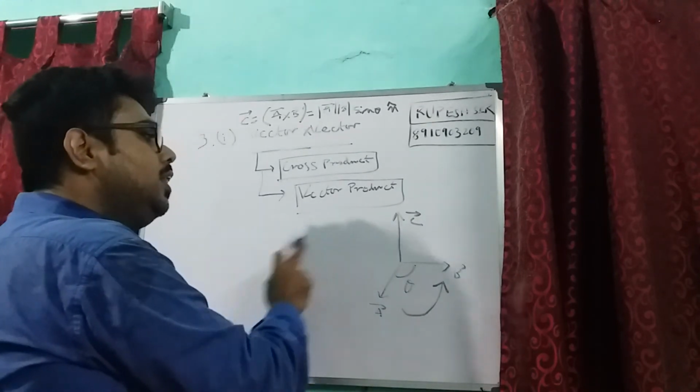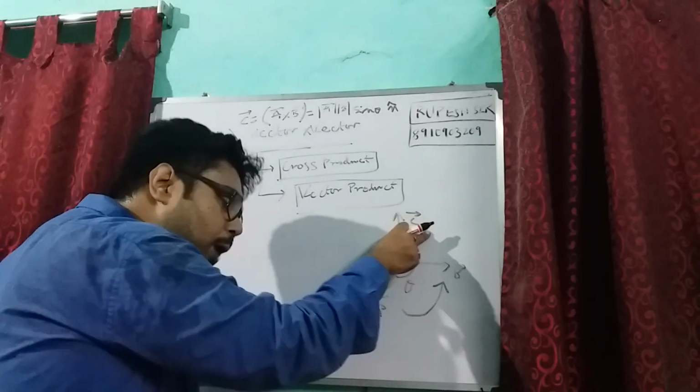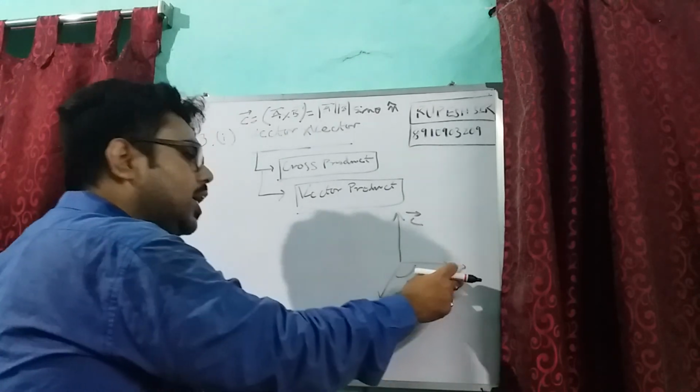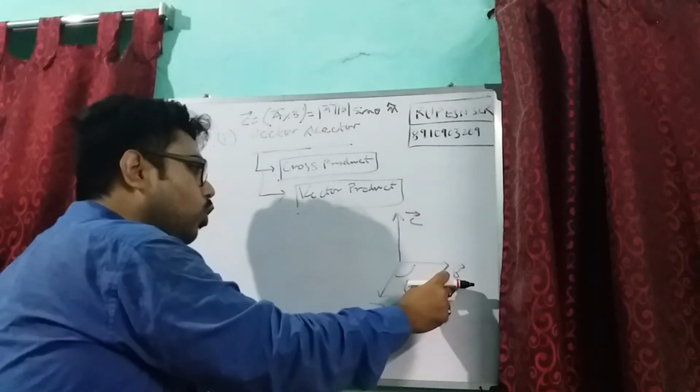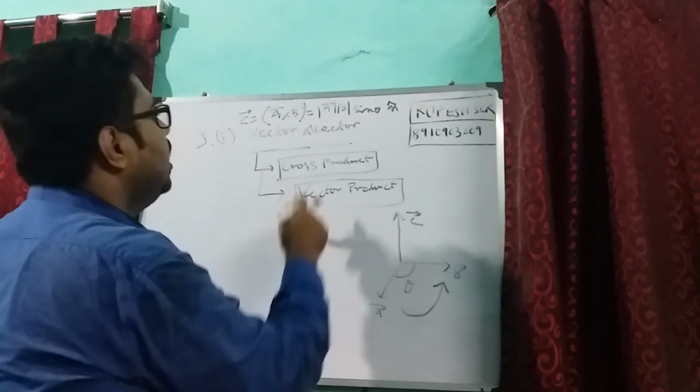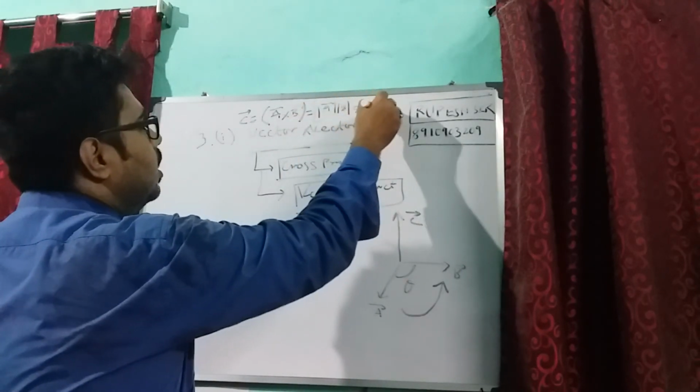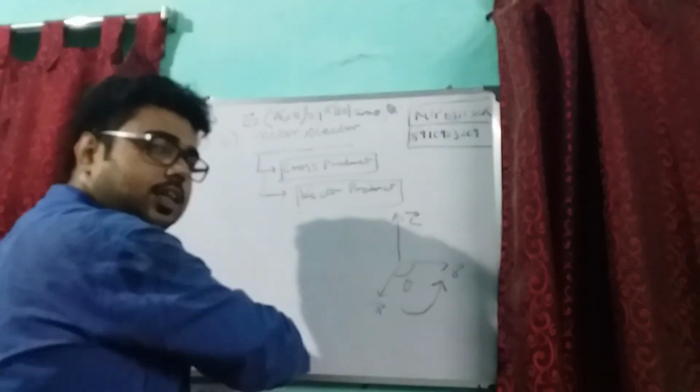It is in the perpendicular direction to the plane containing both the vectors A and B. Okay. Now what is the magnitude of it? That is A B sin theta.